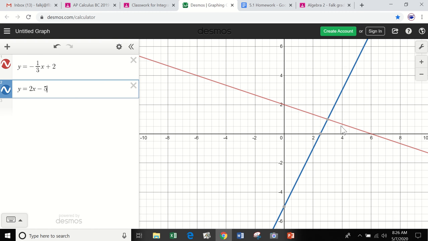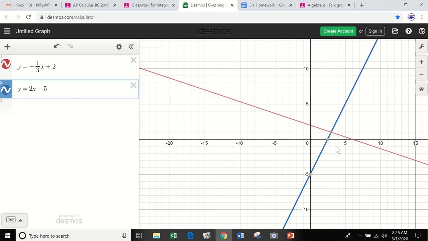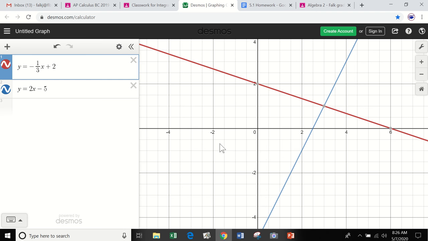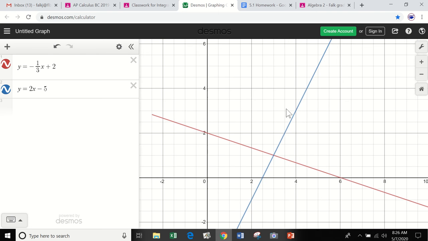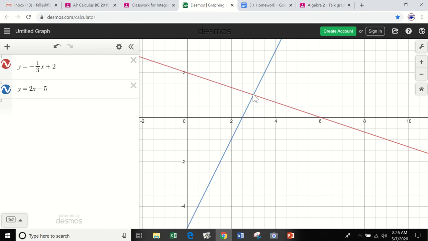But now, gang, all you do is look at the two lines you have, and if you have to zoom out or zoom in or go find a different spot, all you're really looking for is where these two lines intersect. As long as you've clicked on one of the lines, I can now click on that point.